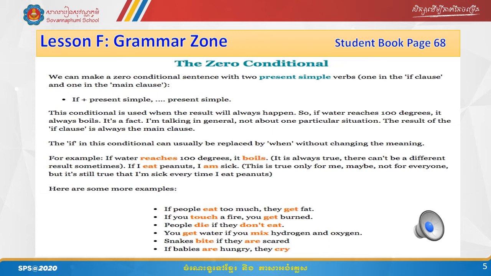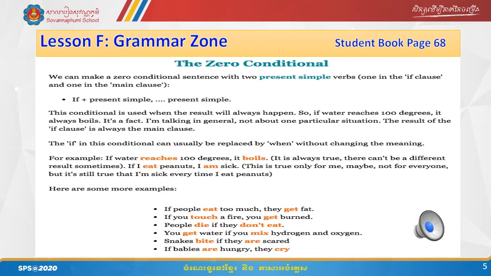So if water reaches 100 degrees, it always boils. It's a fact. I'm talking in general, not about one particular situation. The result of the if clause is always the main clause. That's a little bit difficult to understand maybe, but let's just try to remember zero conditional always talks about things that are true.